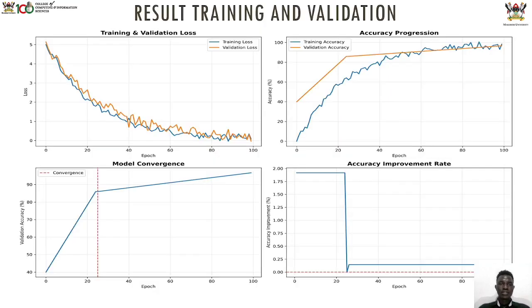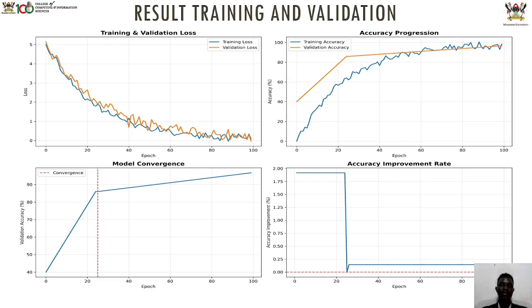And then the results from the training, this is what we got. The training and validation loss, the loss was reducing as time goes on with the number of epochs. As you can see on the graph, the training loss is the blue one and the validation loss is the orange one. They were all reducing with more epochs or more data that the model was learning on. And then the accuracy progression, also the same thing, the validation accuracy and the training accuracy were increasing with the number of epochs.